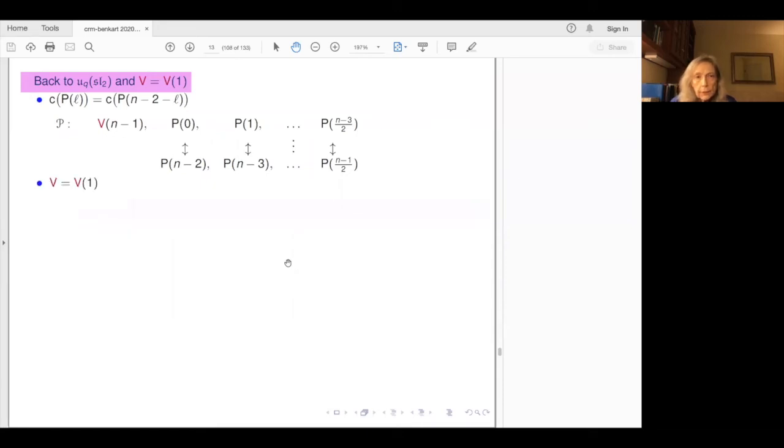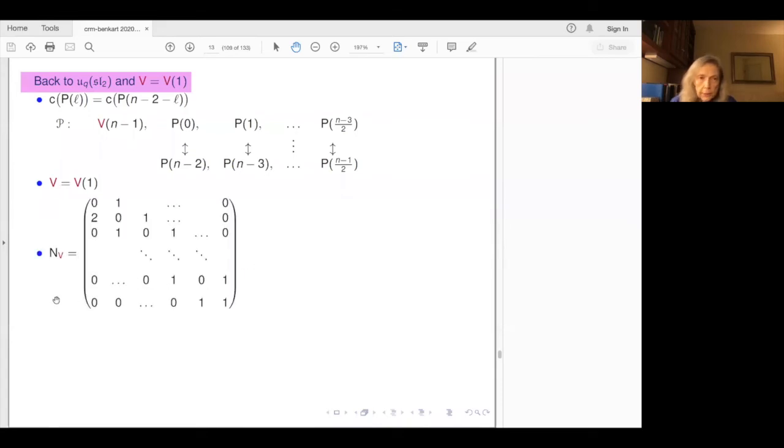So again, I'll choose V to be the two-dimensional module. And this is the matrix that I would get that would be the fusion matrix. So notice when I tensor V_{n-1} with V, I get P_{n-2}. But I'm identifying that with P0. So I get a 0, 1 here when I use this top list of projectives. When I tensor P0 with V, I get 2 copies of V_{n-1}, which is that 2, and 1 copy of P1.